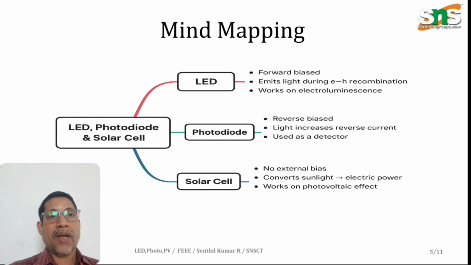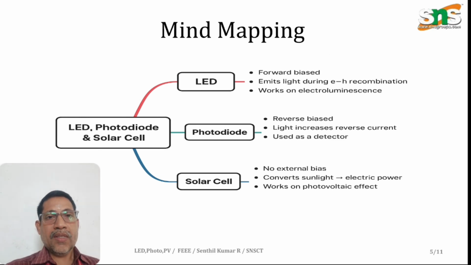Whereas the third one, the photodiode, which is in the center, is in reverse bias condition, the opposite of the LED. Here the light energy increases or decreases the resistance value of the photodiode.